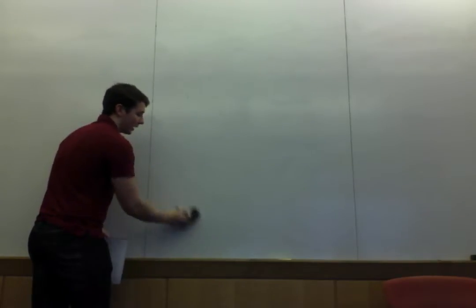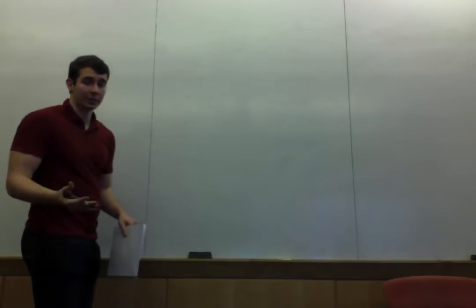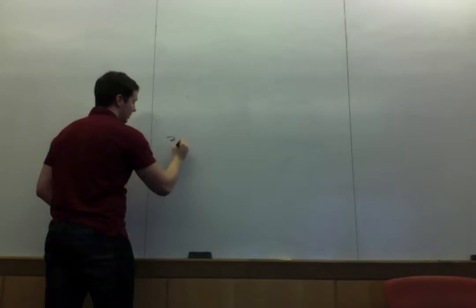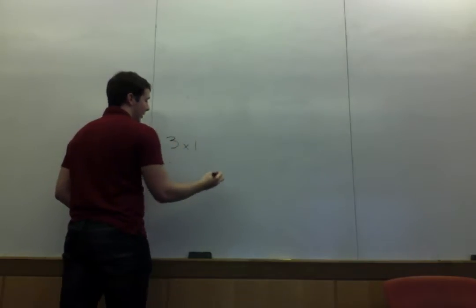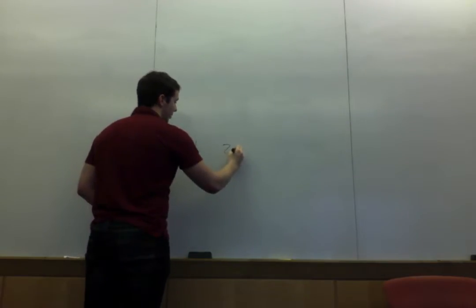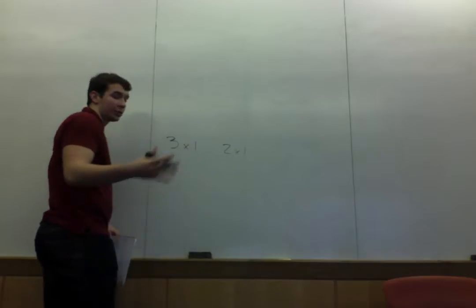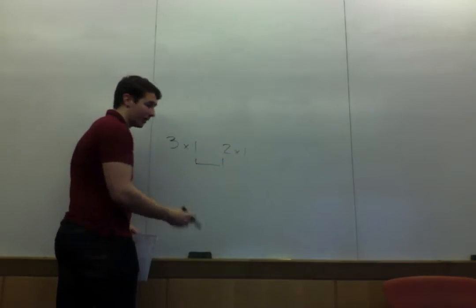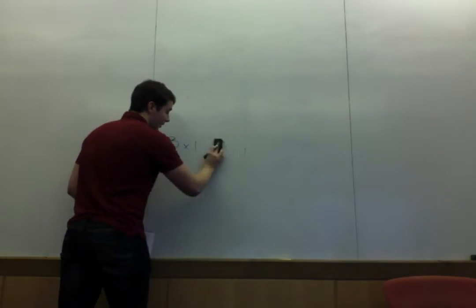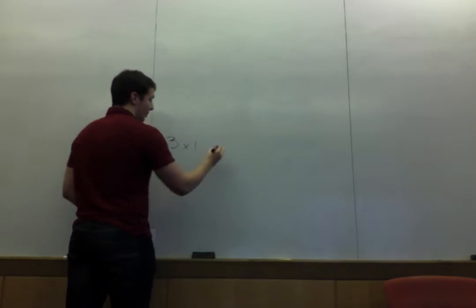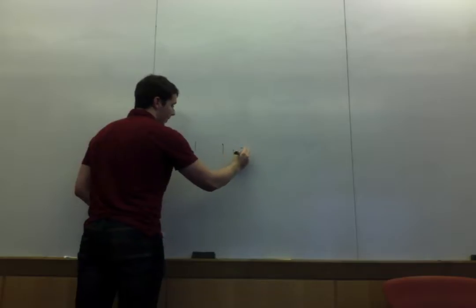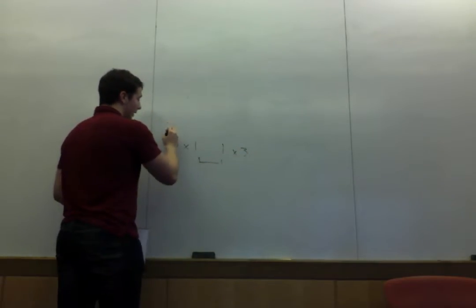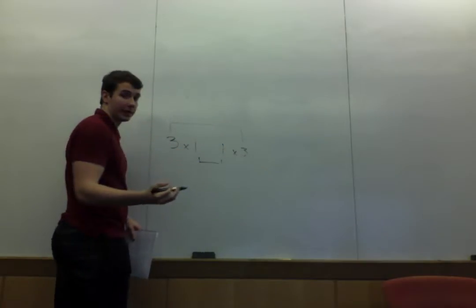which is just a byproduct of the rules of matrix multiplication. If you've had matrix multiplication before, so we have a 3x1 and a 2x1 matrix, we can't multiply these together because their inner dimensions don't agree when we set this up. We could multiply a 3x1 by 1x3 because these inner dimensions agree, and we'd end up with a 3x3 matrix.